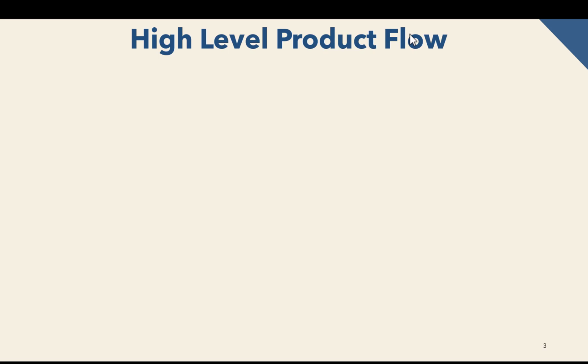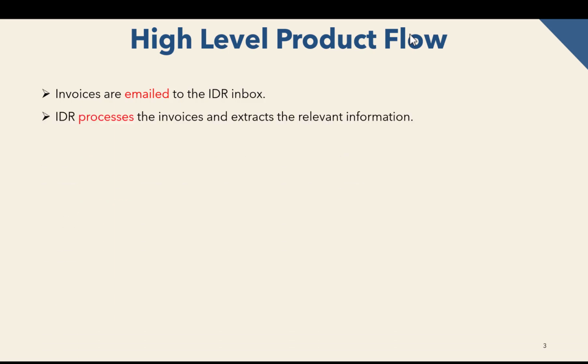For the high-level product flow of IDR, invoices are emailed to the IDR inbox. IDR processes the invoices and extracts the relevant information, including other documents related to the invoice, for example, the contract, negotiation, whatever.